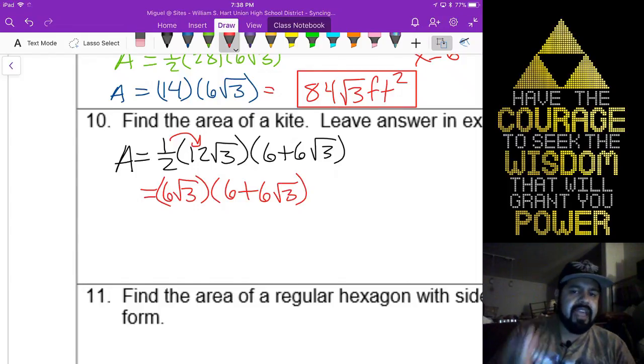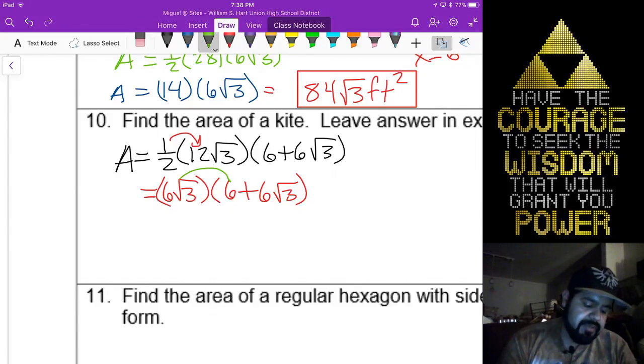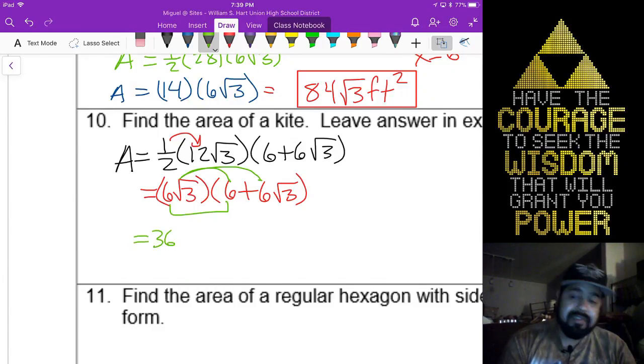And if you remember what happens with multiplication and addition, especially in a grouping, you would distribute it to both. So you're going to do 6 times 6, which will give you the 36. But we've got to carry down our rad 3.